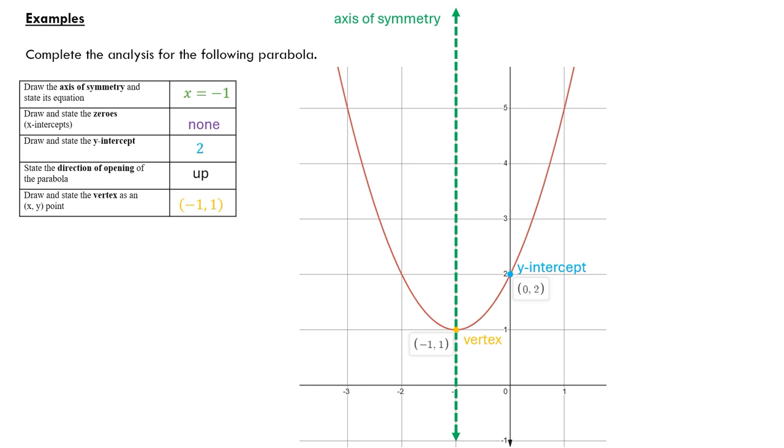So for these zeros or x-intercepts, we can just put none or not applicable. The y-intercept, we can see that the graph crosses the y-axis at a point of 2. So the y-intercept is 2. Our graph opens upwards, so we say the direction of the opening is up. And our vertex is right here at the coordinate point -1, 1.